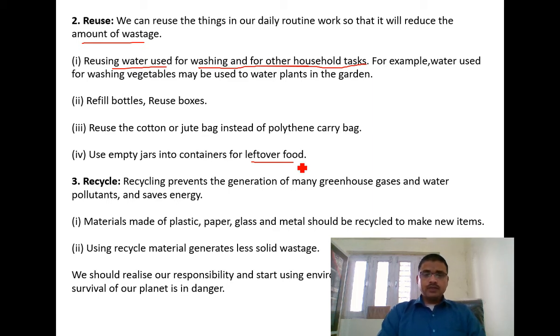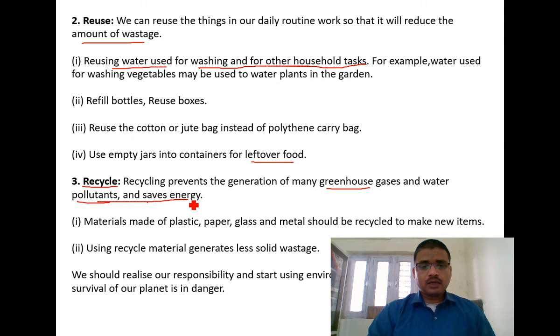Now there is a point called recycle. Recycling prevents the generation of many greenhouse gases and water pollutants, and saves energy. Greenhouse gases like carbon dioxide, water vapor, and methane affect our environment.